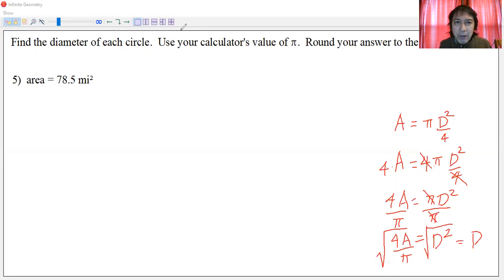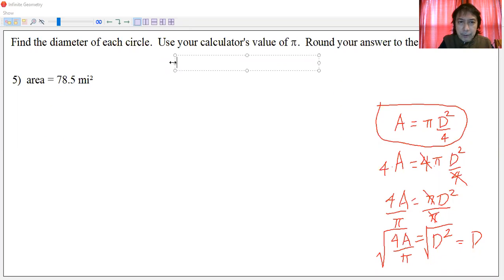So this will be our working formula, derived from the formula in terms of diameter. When the area is given, we can compute for the diameter. So let's do it. We shall have the given.